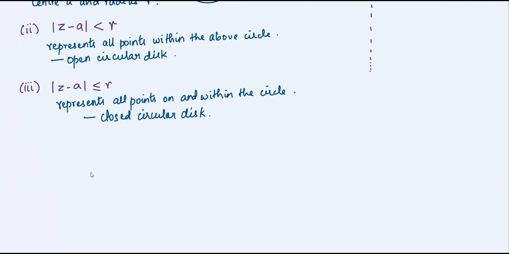Okay. Now, important, we will write the same thing again here. Modulus of Z minus A less than R, or better to say less than epsilon or delta. Delta is the common term, where delta is small.